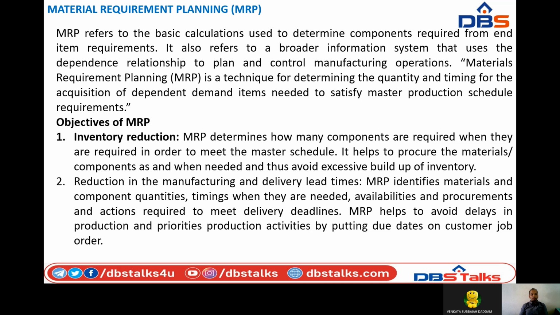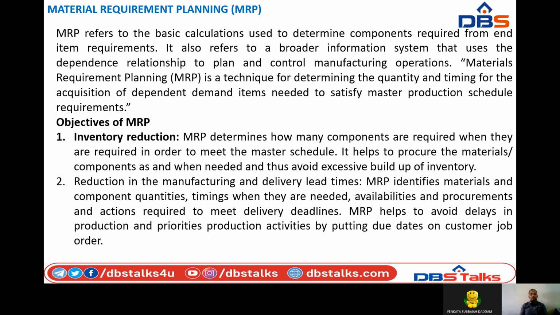So MRP refers to the basic calculation used to determine the components required from end item requirement. So what is the output? We know that, but what is the input and how much quantity of the input is required. So these basic calculations will be done in the MRP.